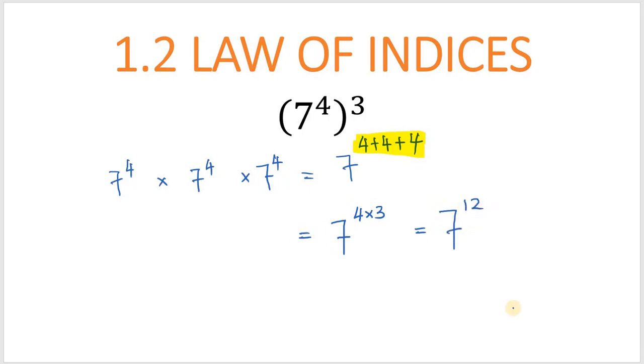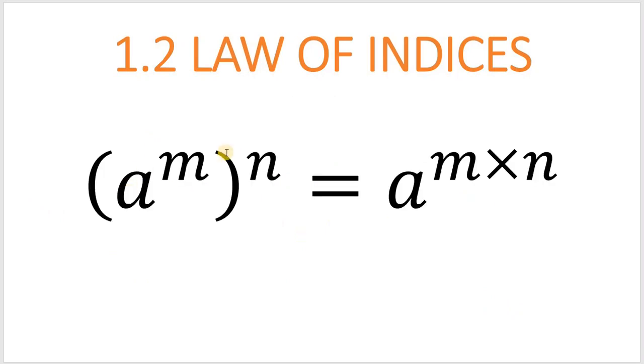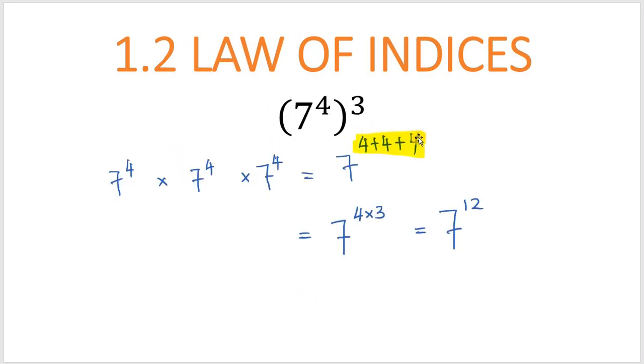So that's why the law of indices says when we have the bracket raising up the number index with another index, we just multiply the index. Okay, this is the reason. This example involved numbers.